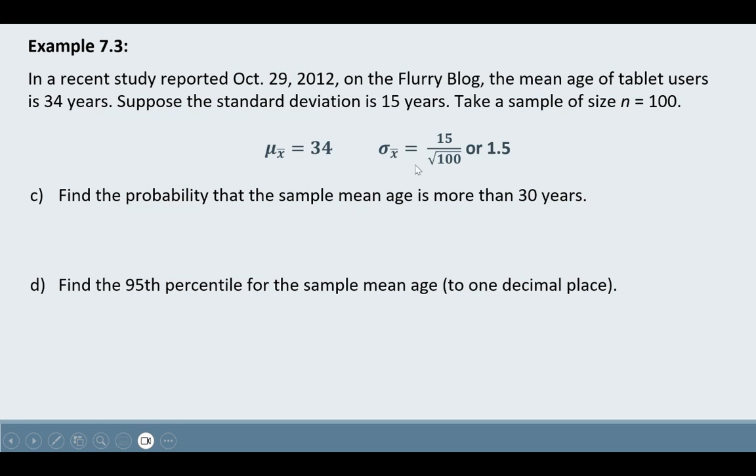Sigma sub x bar is our original standard deviation divided by the square root of our sample size, so 15 divided by 10, or 1.5. And then the probability that the mean age is more than 30 years is that greater than problem, so 1 minus our normal distribution with 30, mean of 34, standard deviation of 1.5, and the word true.